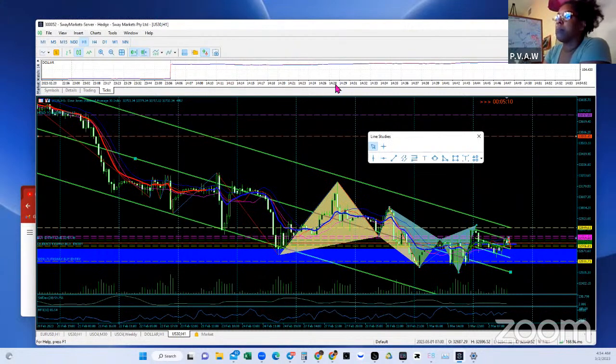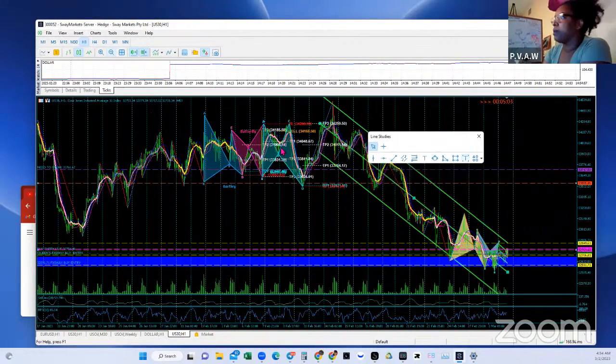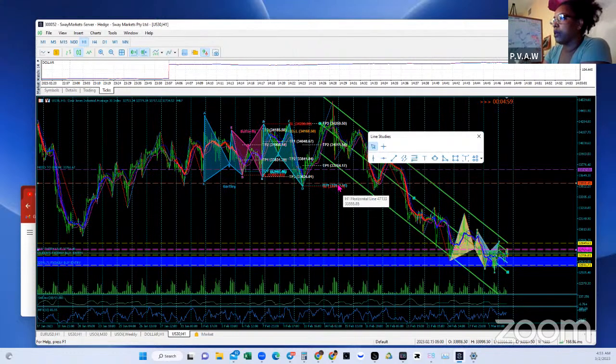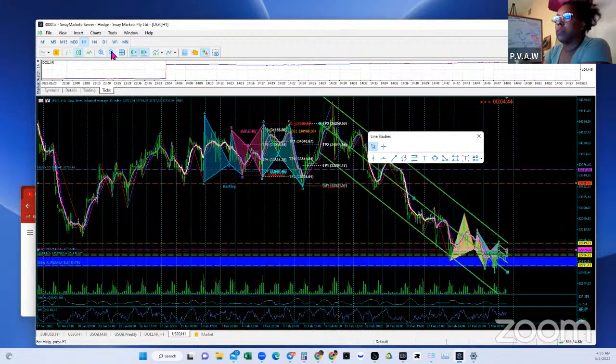Bam. So the market previously, I was telling them, made a bullish Gartley at 33531.51, basically right there. Let me see if there's another one. Nope. So right here, it made a bullish Gartley, but this is a bullish butterfly right here.